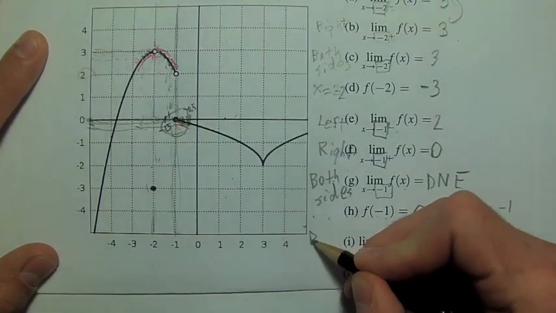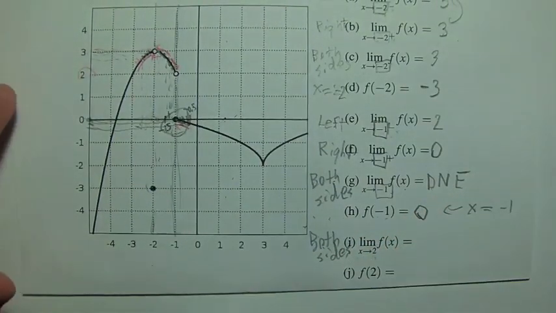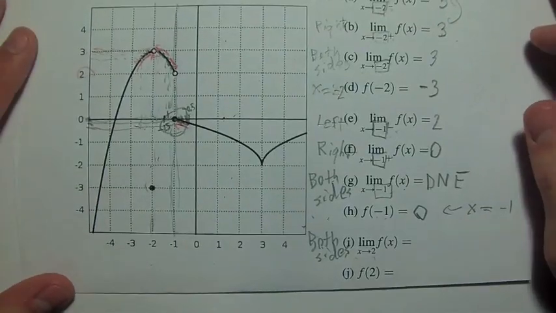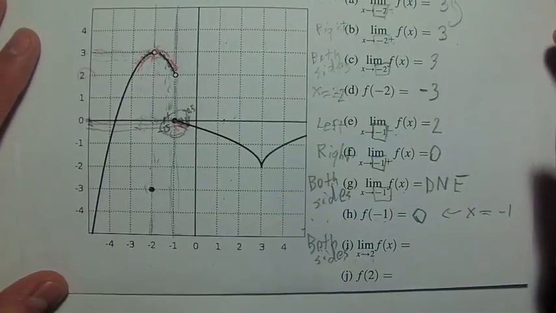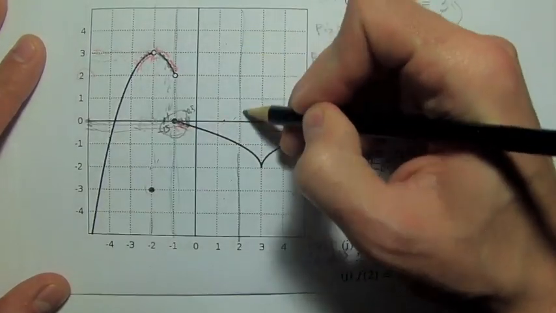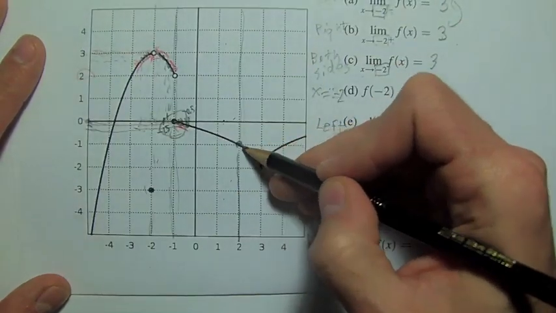So we're starting right at both sides. Some problems are just going to take you through each step, like check the left, check the right, now check both sides. This one is just, hey, check both sides. Okay, so here we're at 2. And it's kind of nice. We don't have any jumps. We have a nice continuous function here.